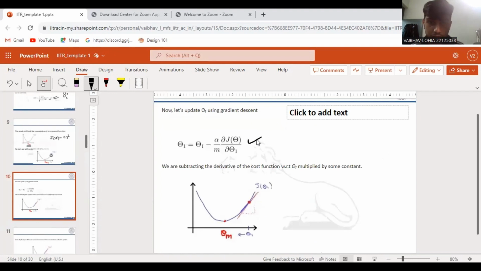By updating its value, theta 1 would be smaller than theta naught, because the slope is positive and we are subtracting some positive value from some positive value. So we will get a value which is less than this, and we will be approaching the minimum theta.